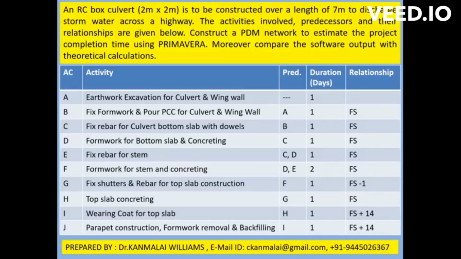Next, activity B is fix formwork and pour PCC for culvert and wing wall. Similarly, the descriptions for all the activities are given in this table. In the next column, the predecessor for each activity is given. For example, for activity B, A is a predecessor. For activity C, B is a predecessor. Likewise, the predecessors are given for all the activities.